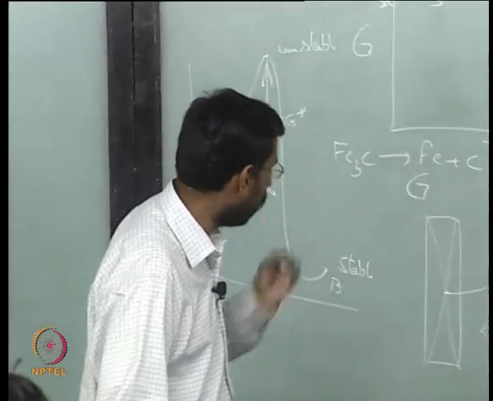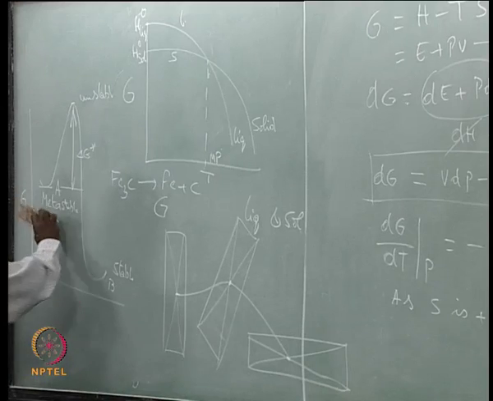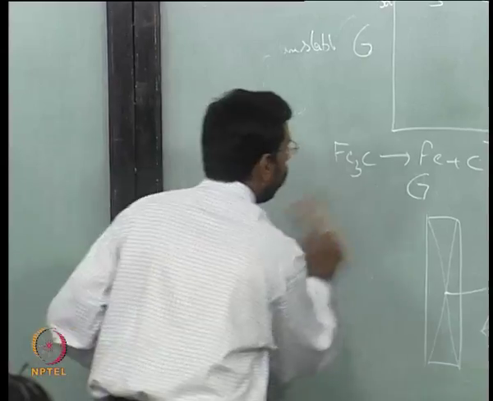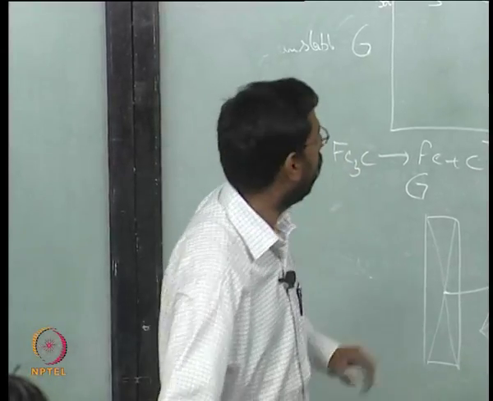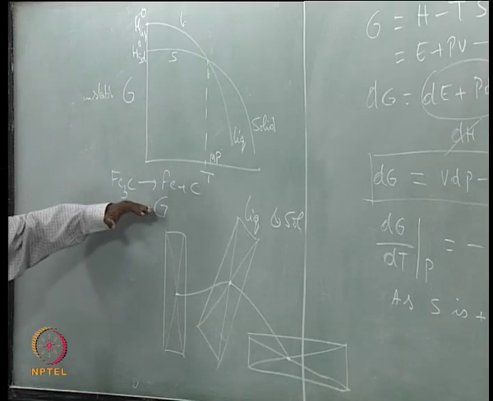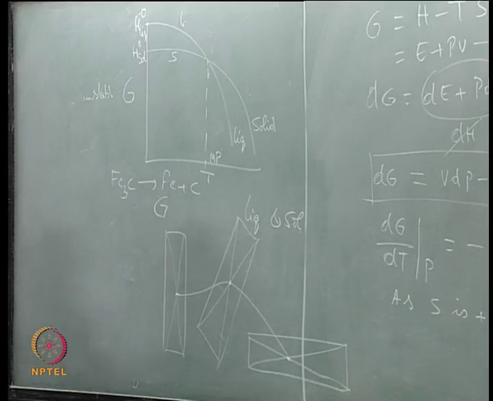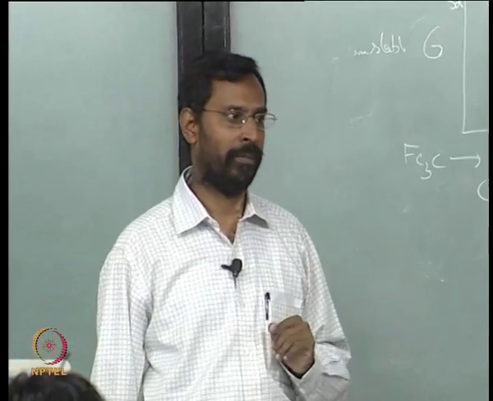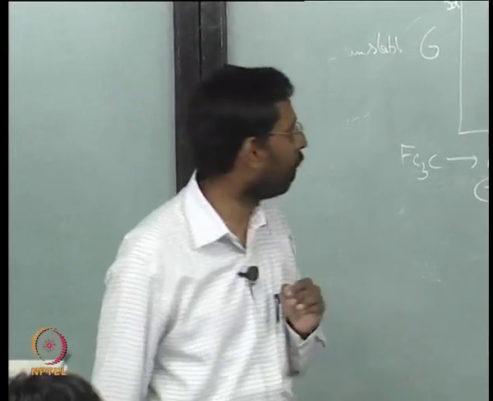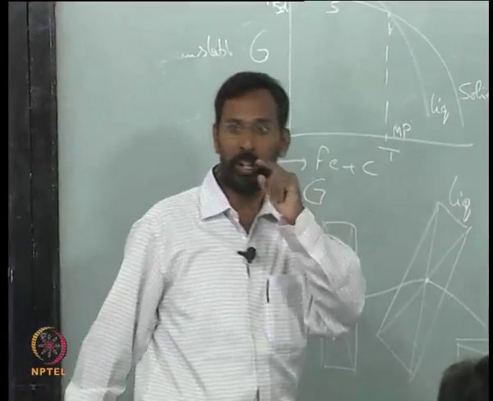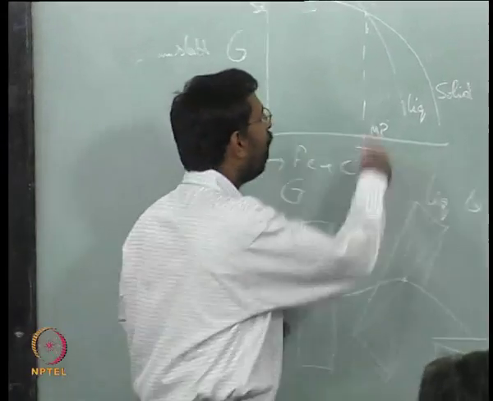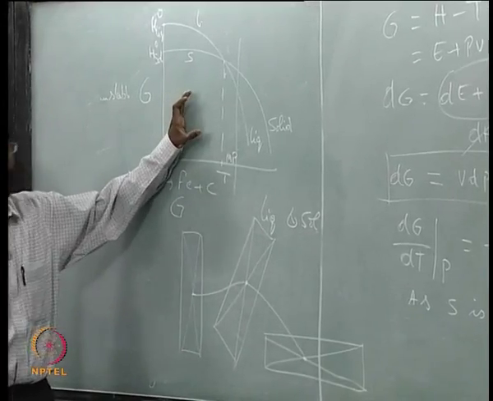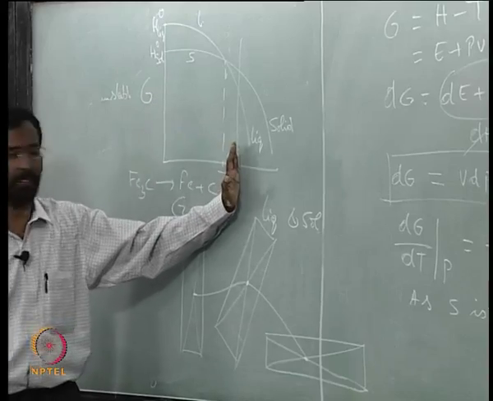So you can see that this is the basic concept of free energy. We have now defined free energy as a concept which we can use for understanding what is stable and what is metastable. Let me tell you this again clearly: if I am at this temperature, that means I have taken a solid and heated it to this temperature.